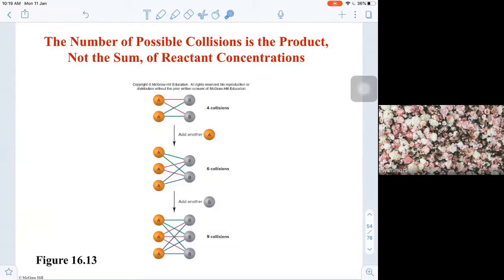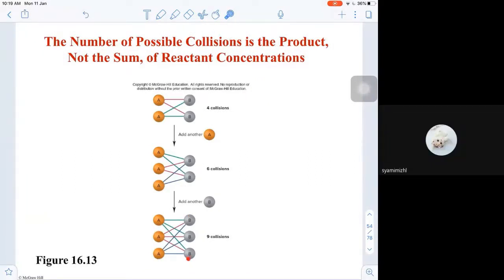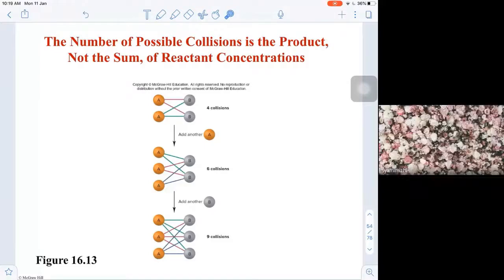And when we add another B, now we have 3 versus 3, 3 particles of A and 3 particles of B. The frequency of collisions becomes 9. We added only 2 particles, and the number of collisions more than doubles, from 4 collisions to 9 collisions.